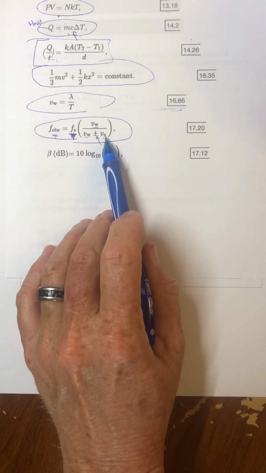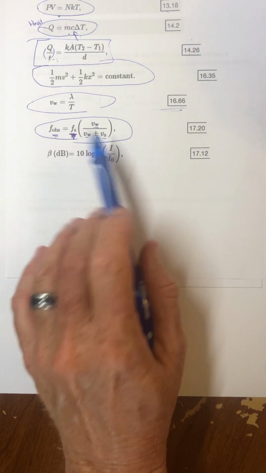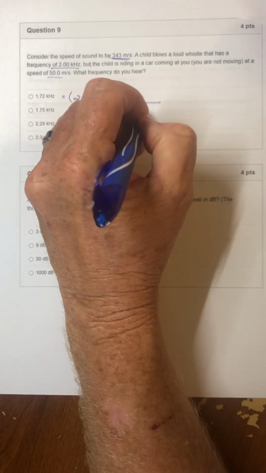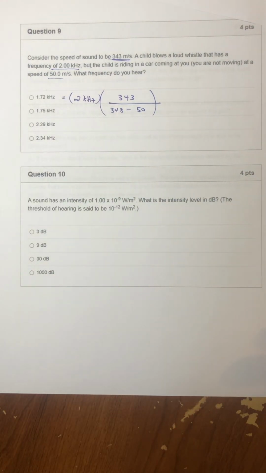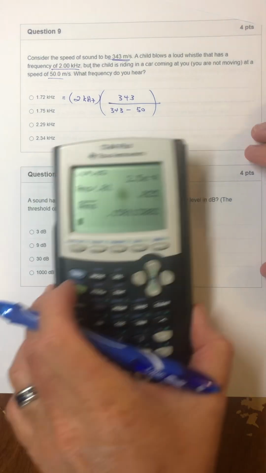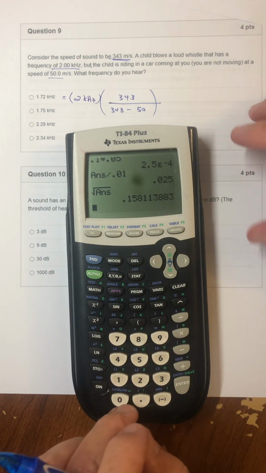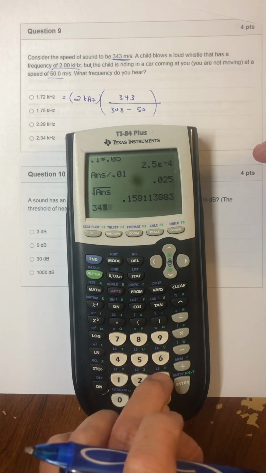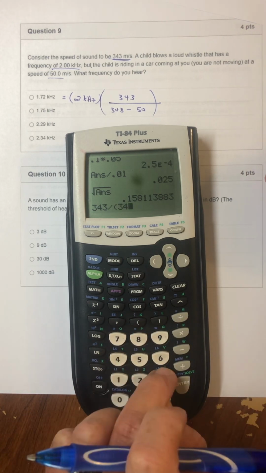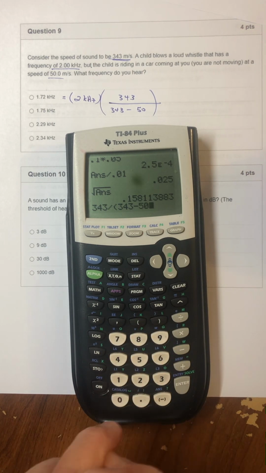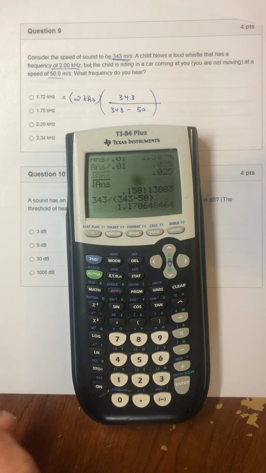And then this is the velocity of the source. And so this is the whistle, if you will, which is in the car with the child going 50 meters per second. So why don't I take the 343 and divide it by 343 and take 50 away from it.